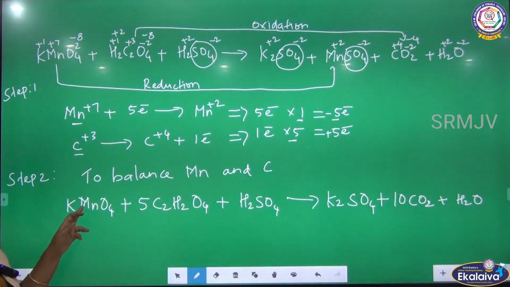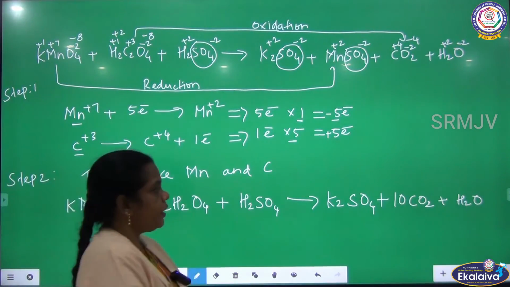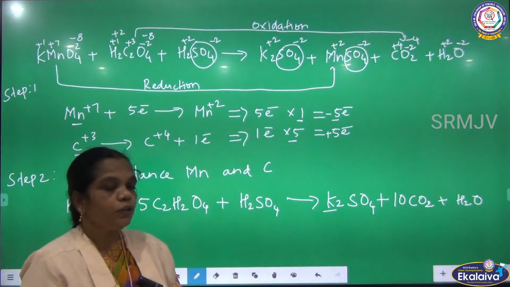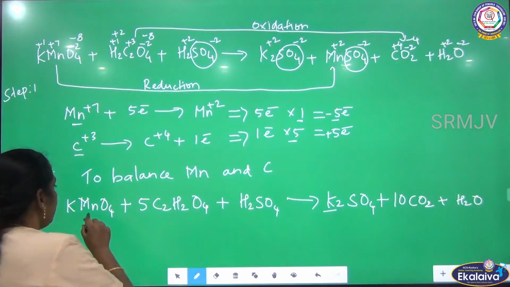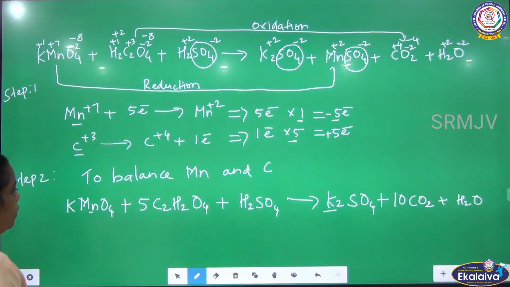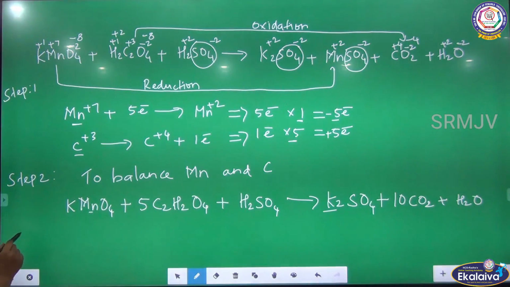Now the manganese is combined with the potassium. Now here only 1 potassium, on this side 2 potassium. So now you want to balance potassium. You want to balance what? Manganese also. Now step 3.